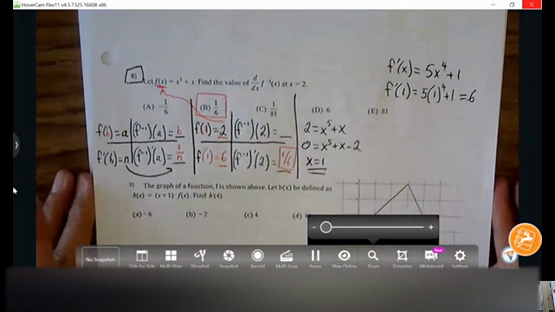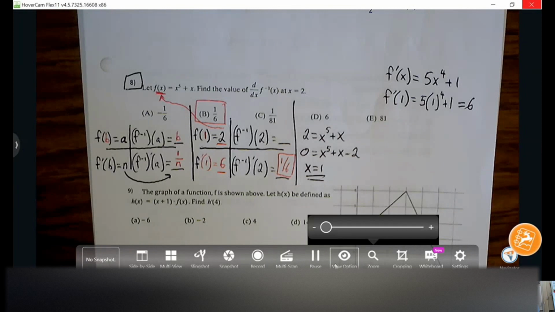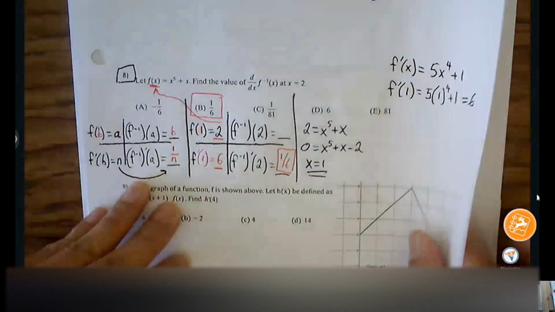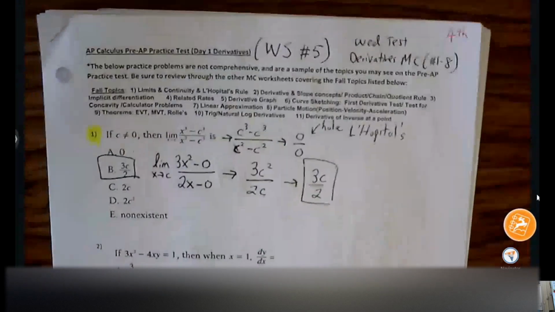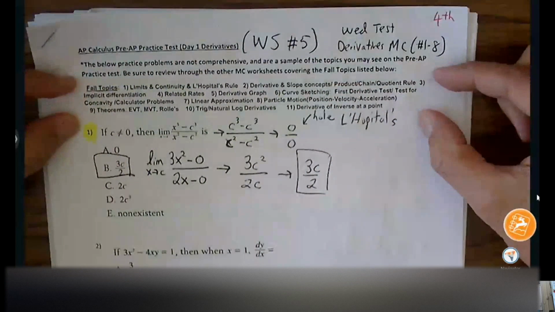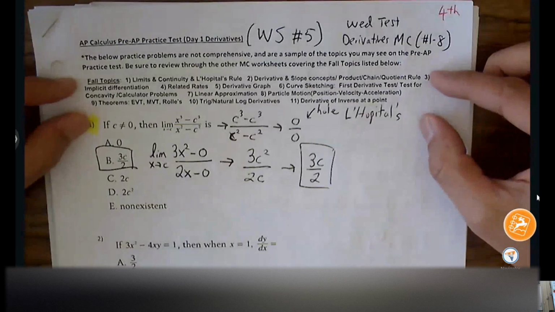All right, any questions? I encourage you to go through the rest of this worksheet and understand that these are the topics I'm going to be focusing on. I tried to put one of each on this worksheet, but some of them I either didn't have room for or have variations of.